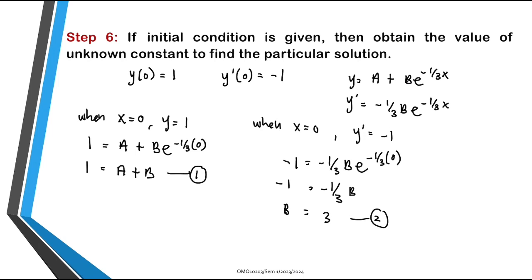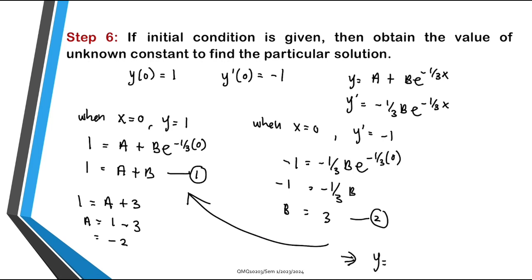From equation number 2, b equal to 3, then substitute back into equation 1. So 1 equal to a plus 3, so a equal to 1 minus 3, which is minus 2. Now we know a and b, and we can write the solution: y equal to minus 2 plus 3 e^(-1/3 x).